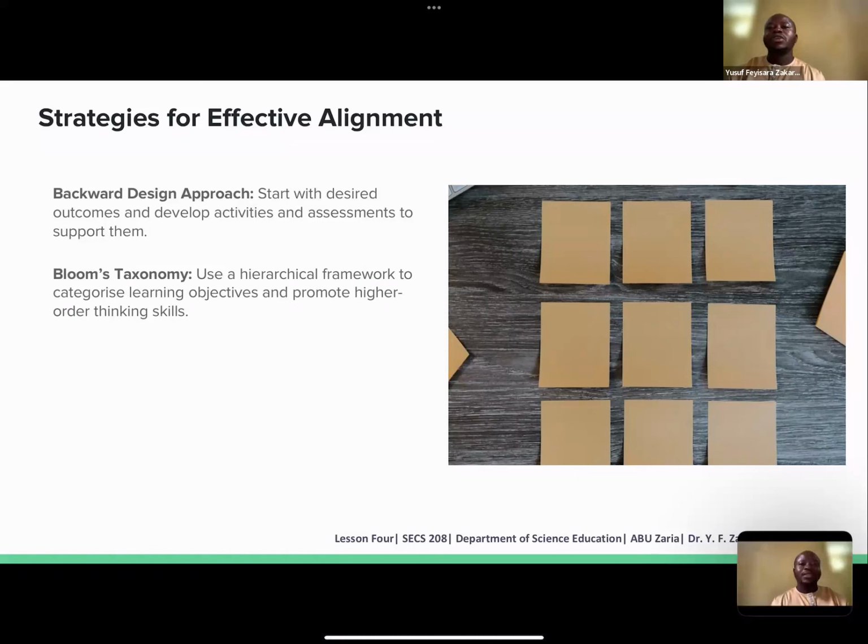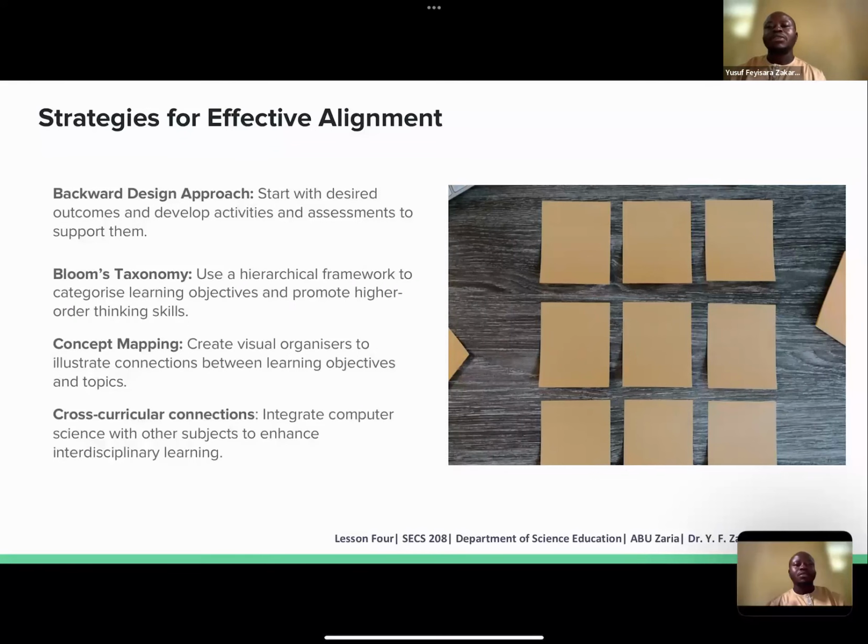Then after Bloom's taxonomy, we also have concept mapping. This is another strategy you can use to ensure alignment. Then the fourth strategy, which we shall discuss, is cross-curricular connections. What are the cross-curricular connections that you can make? So let us take these one after the other.